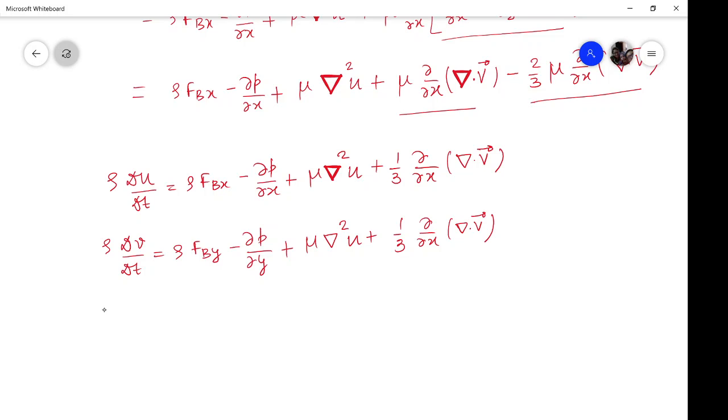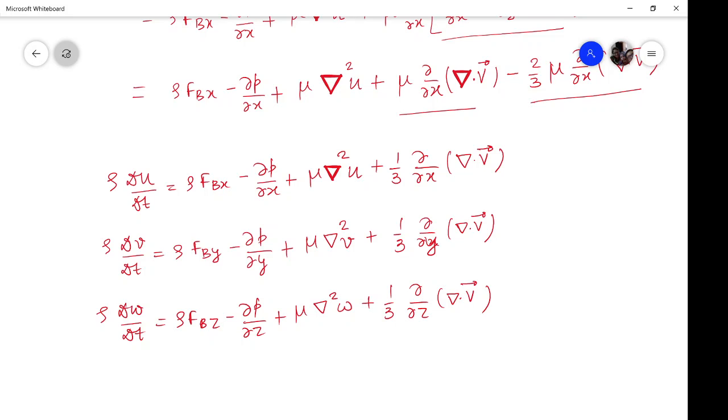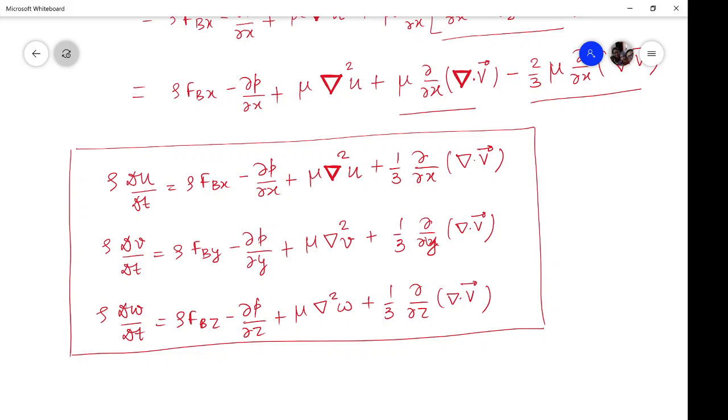Okay, and likewise in the z direction, w, velocity vector. Okay, so these equations are called the Navier-Stokes equations.